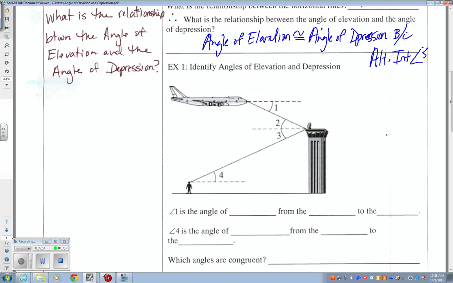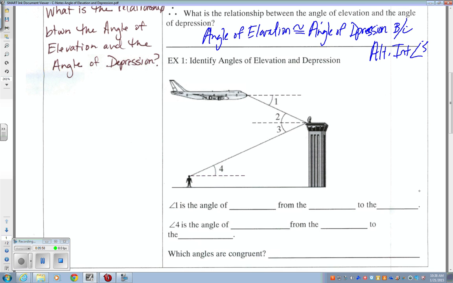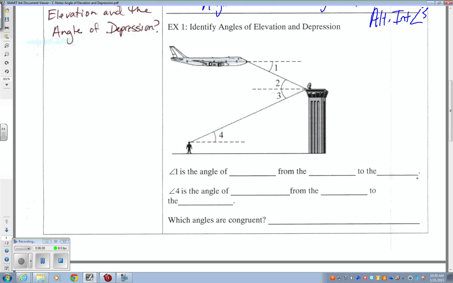All right, so the key part to being able to set up the problem right is to make sure you identify the correct angle of elevation and depression. So using this little picture here in this scenario, angle 1 is an angle of what? Depression. How do I know it's depression? Yeah, below the horizontal line. It would be the angle of depression from blank to blank.